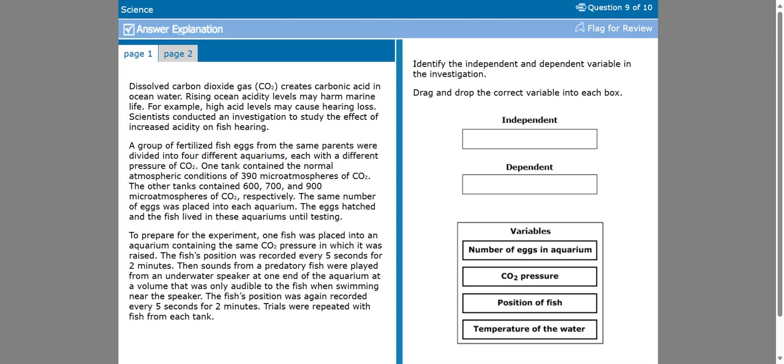Something is independent of an event, but when it's dependent, it depends on an event to happen in order for that to occur. So it can be a little bit confusing because something independent is occurring on its own versus something dependent that relies on something else before it can happen.